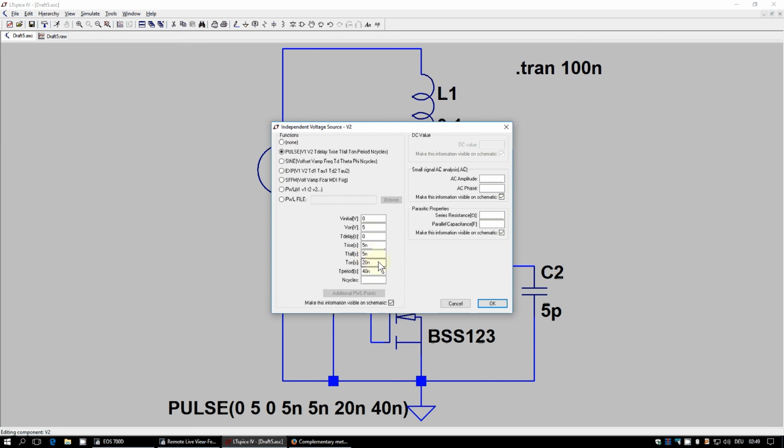We take an on time of 20 nanoseconds. That is a 25 megahertz signal, because the period then becomes, if it's symmetrical, 40 nanoseconds. So this is a simple signal, but already at quite a high switching frequency.